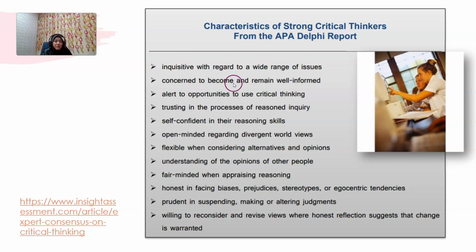Then you need to be concerned to become and remain well informed, alert to opportunities to use critical thinking, trusting in the process of reasoned inquiry, and self-confident in your reasoning skills, open-minded regarding divergent worldviews, flexible when considering alternatives and opinions. So you need to be very open-minded, understanding the opinions of other people.